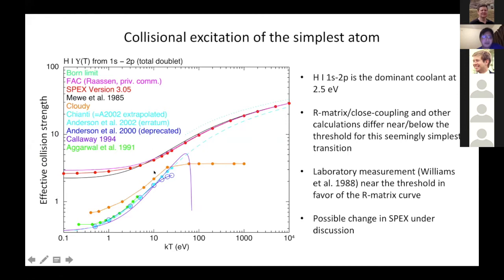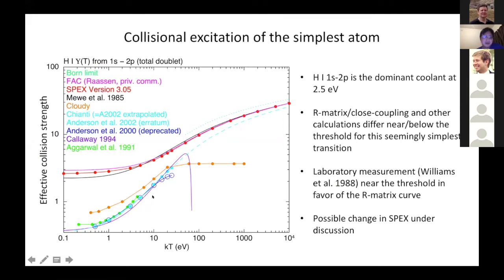In particular, for energy below the excitation threshold around 10 eV, the resonance and the radiative damping effect become more important. And recently, we found a laboratory measurement done 30 years ago is in favor of the Callaway and also the Anderson results at around 10 eV, which should be here, near the excitation threshold.